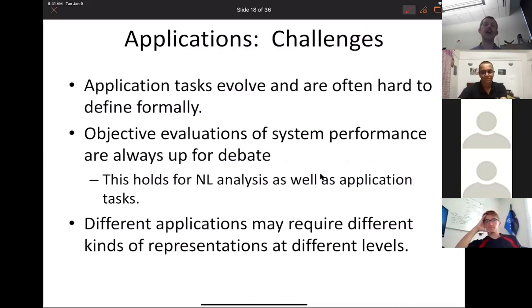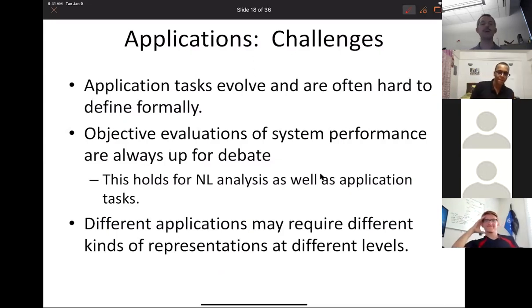So what about applications? Well, here are some challenges. Application tasks evolve and are often hard to define formally. So you might say, wait a minute, you're telling us you're going to teach us formal tools, but applications are always evolving and are not subject to ready formalization.